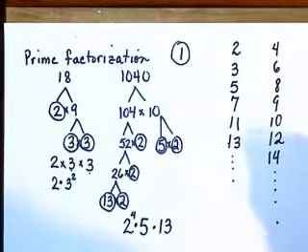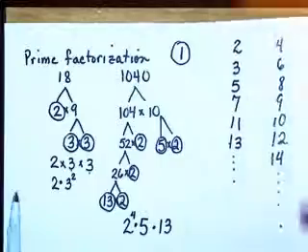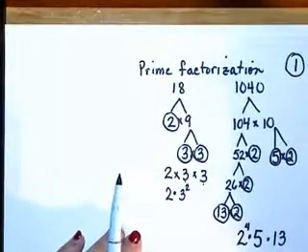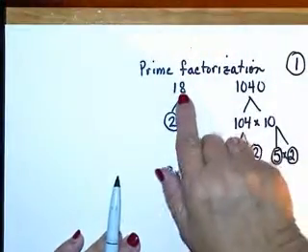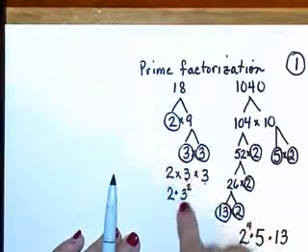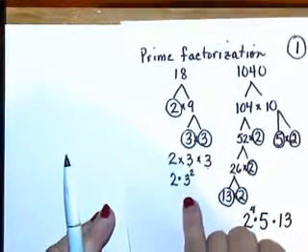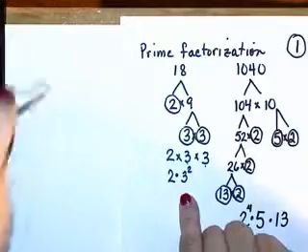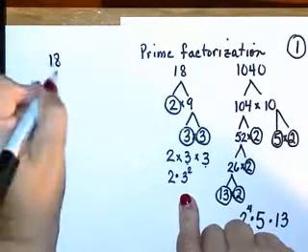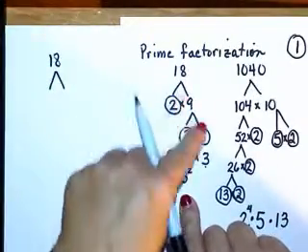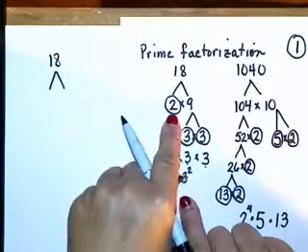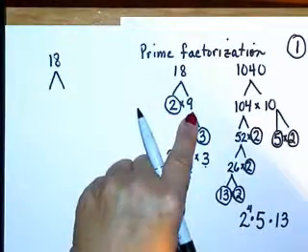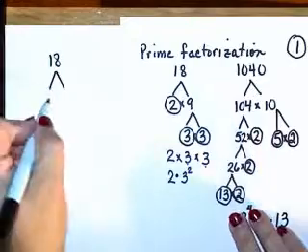Now, I want to go back. I want to back up just a minute real quick here. And I want to show you, because I didn't do this, I want to show you that prime factorization is unique. So let's just look at 18, because that's a quick and easy number here. We started out with this prime factorization tree as 2 times 9. There are other factors that give me 18, such as 6 times 3.